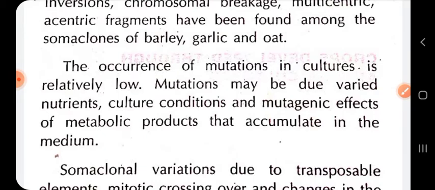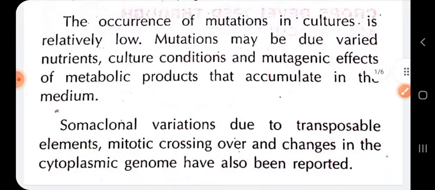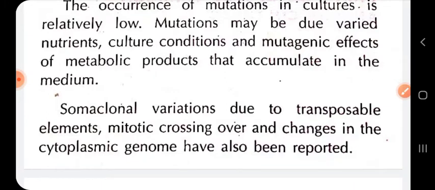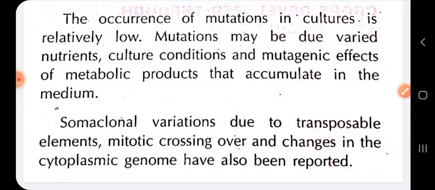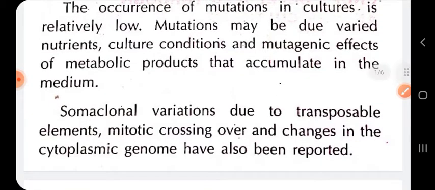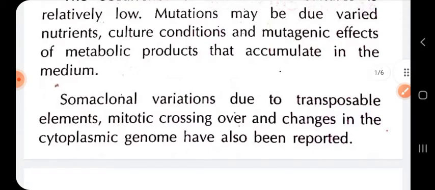Now, if you see from the molecular level of view, which you have studied in your semester 3 molecular biology part, you have heard the term transposable elements, the jumping genes that shift from one place to another within the same chromosome or to a different chromosome.